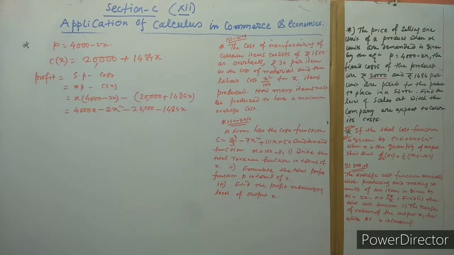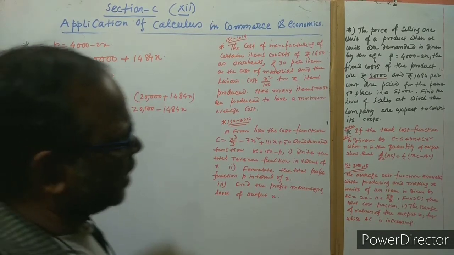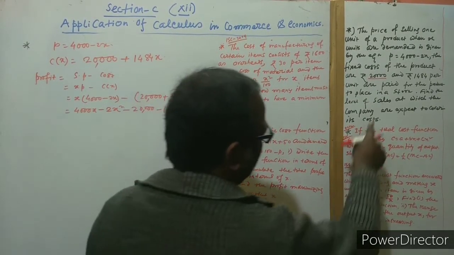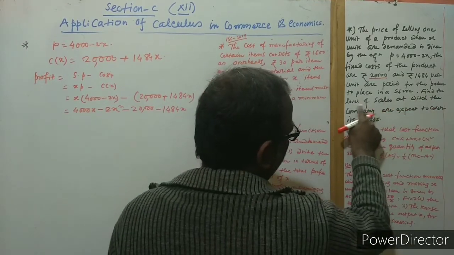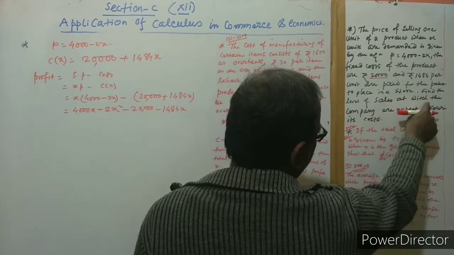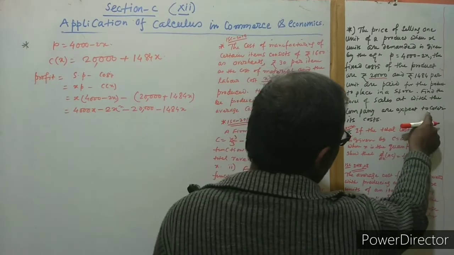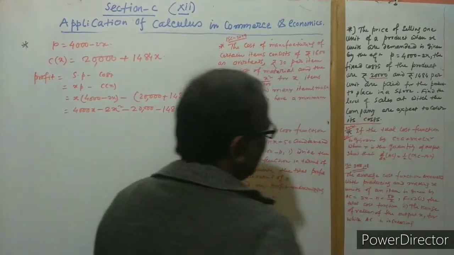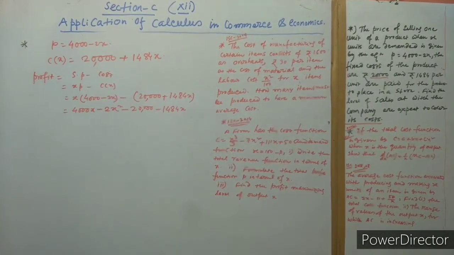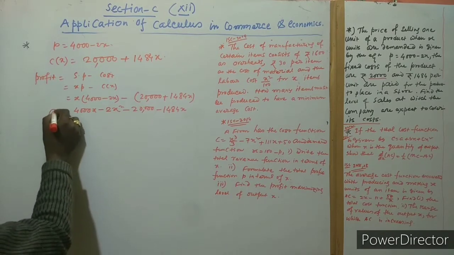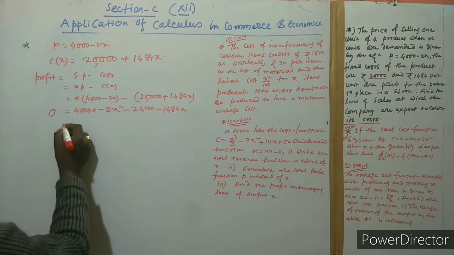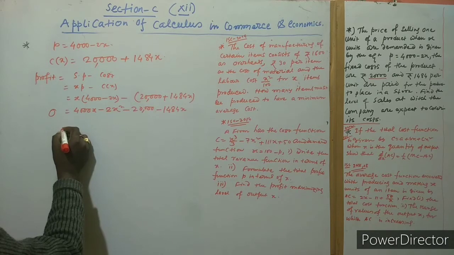Okay, and it is the condition: find the level of sale at which the company is expected to cover its cost. To cover its cost means the profit must be 0 here. So that means selling price equal to cost price.